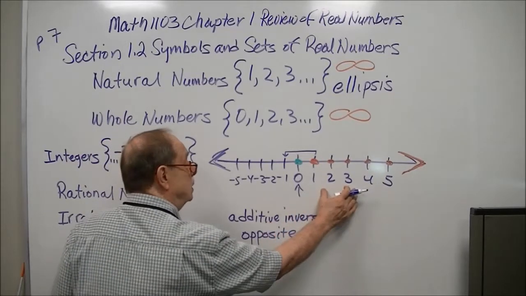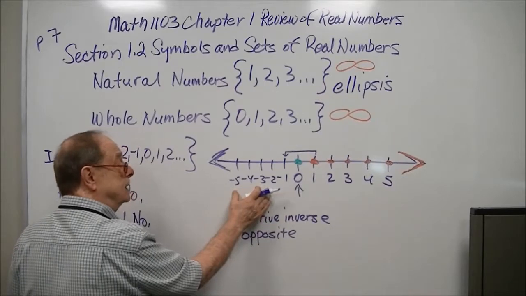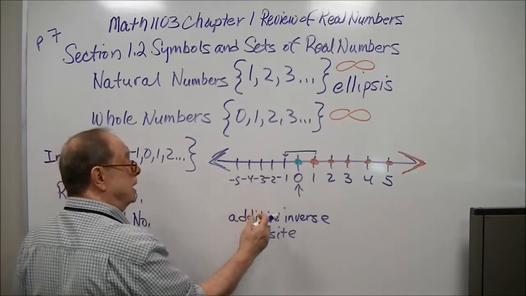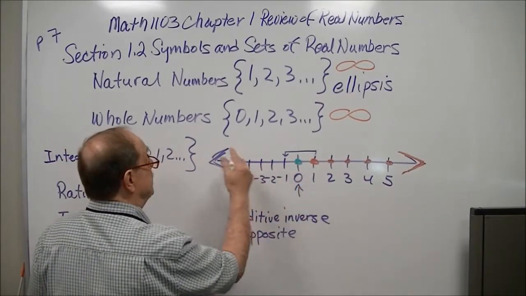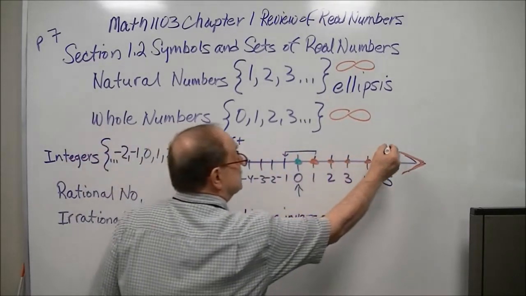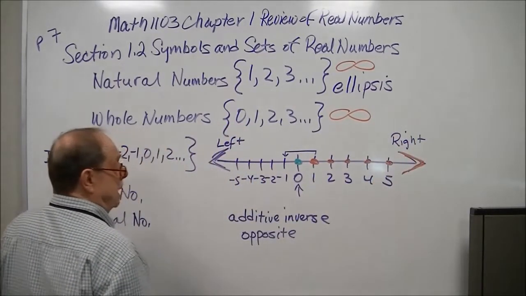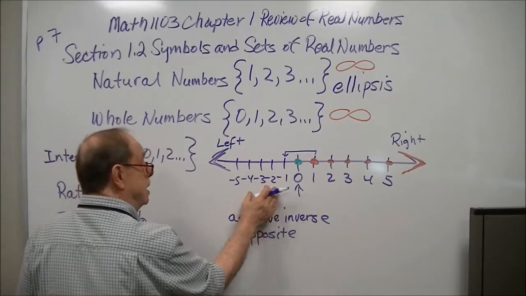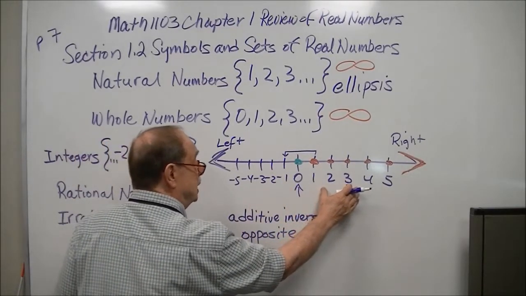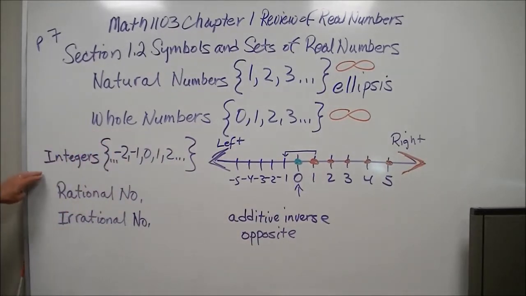So whole numbers, or in this case counting numbers, have an opposite on the other side of 0, and we often think of this as to the left, and then this is to the right. And these numbers, along with the counting numbers and their opposites, make up our next group of numbers that are called integers.